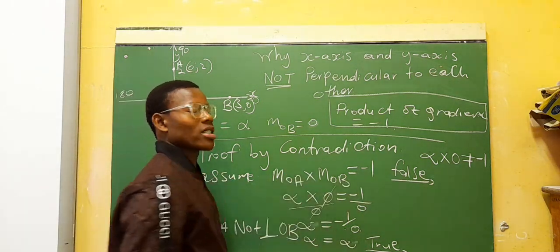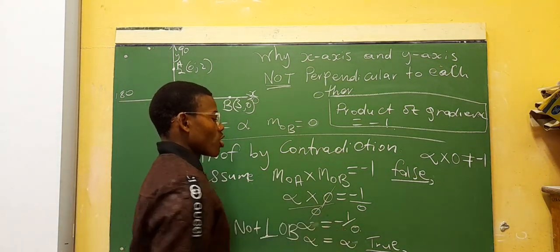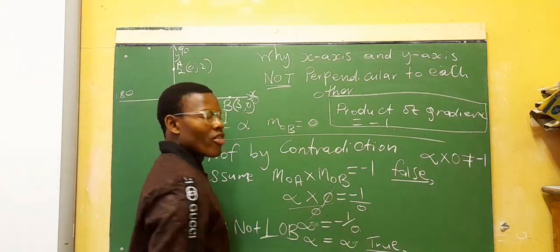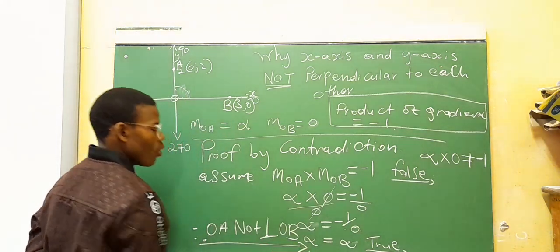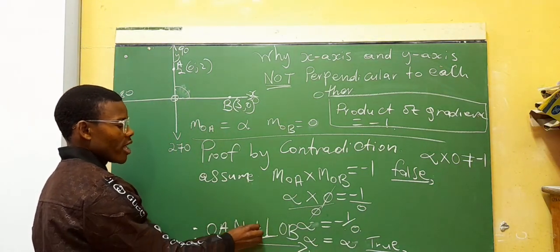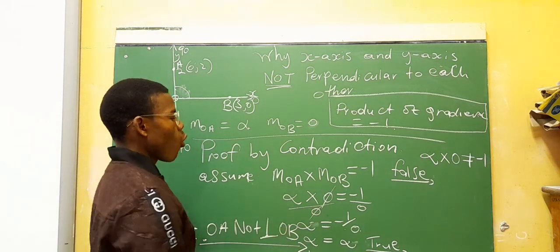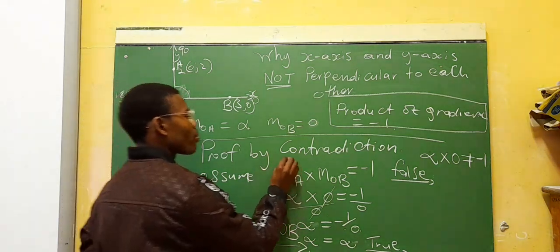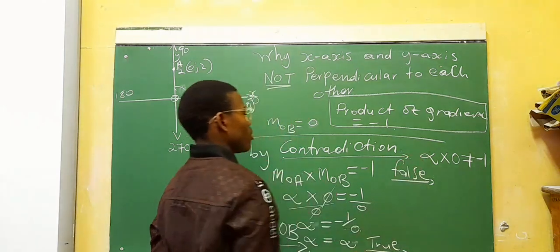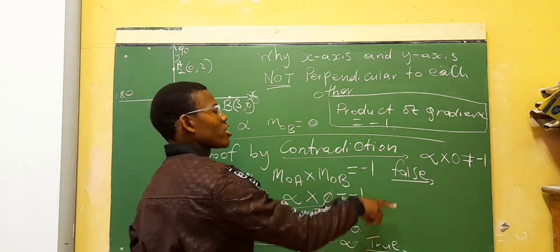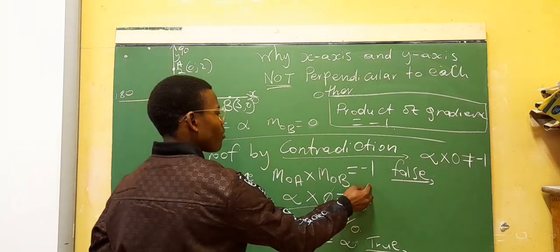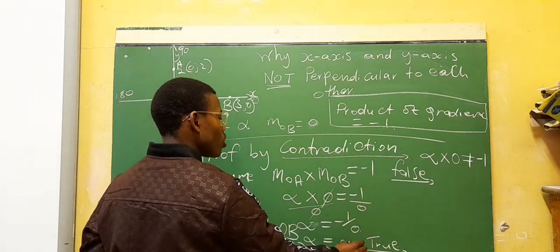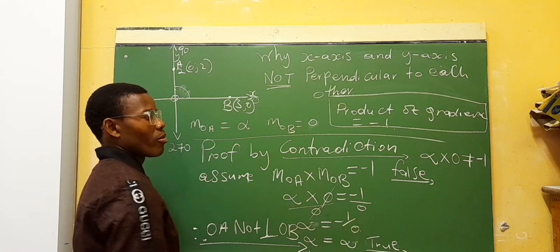It has to give us another false statement at the end of the calculations. So by that, we say OA is not perpendicular to OB. This is the proof by contradiction, by saying no, it is not. So this is what we have done here: continuing to get a true statement from the false statement.